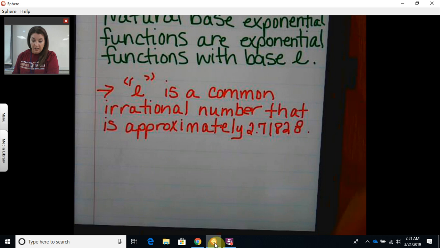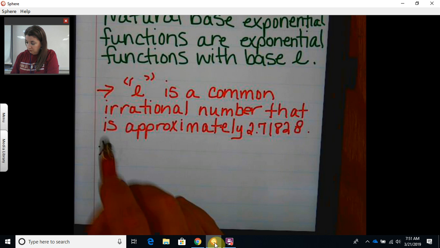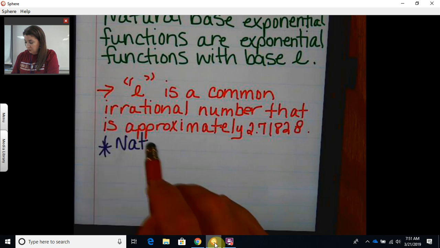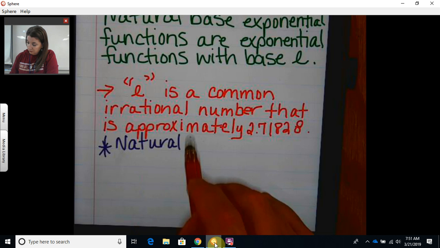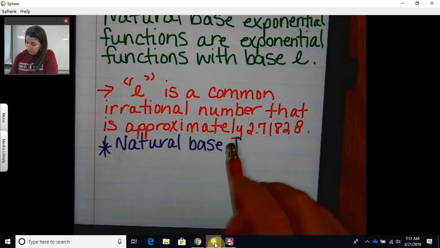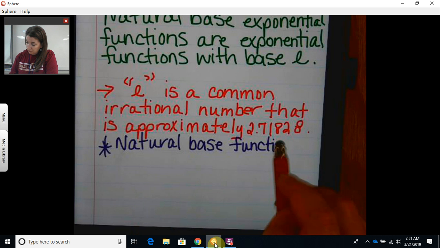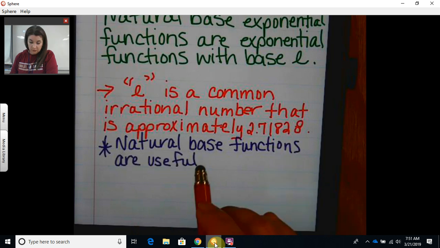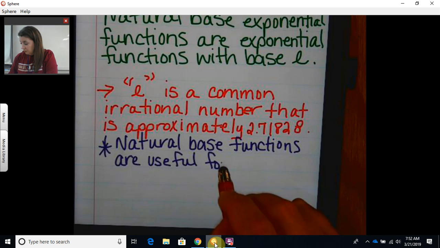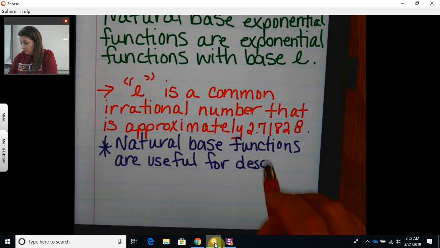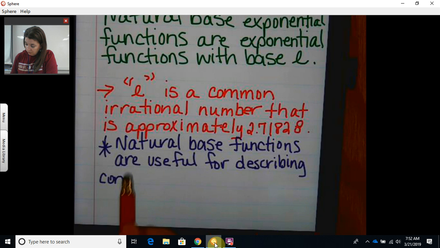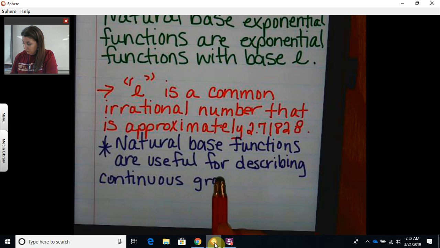Natural base functions are useful for describing continuous growth or continuous decay.